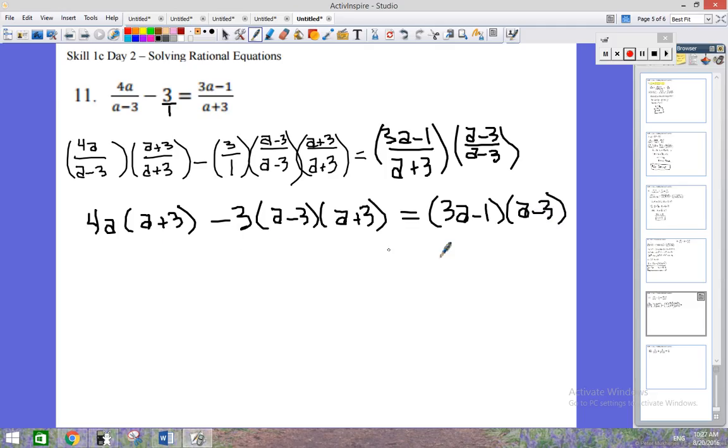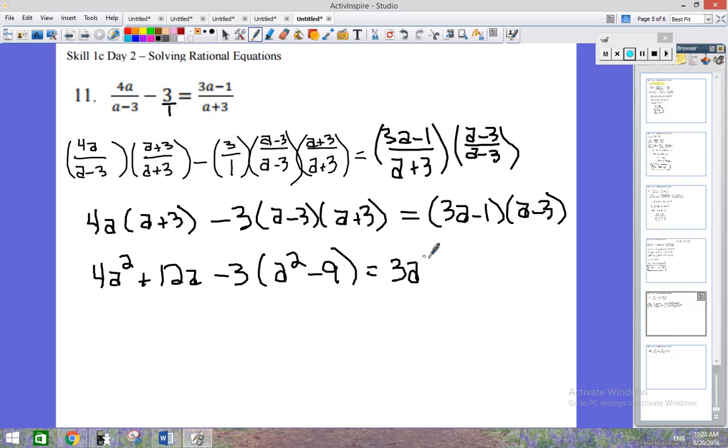So let's use the distributive property and see if we can simplify this. 4a squared plus 12a. I'm going to do this product first, and then over here, alright, let's distribute that.